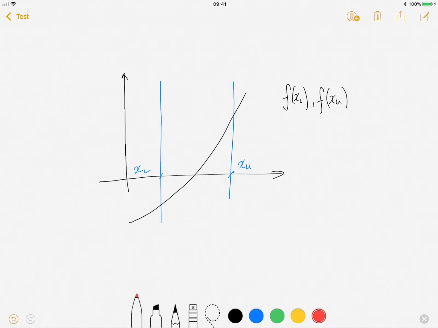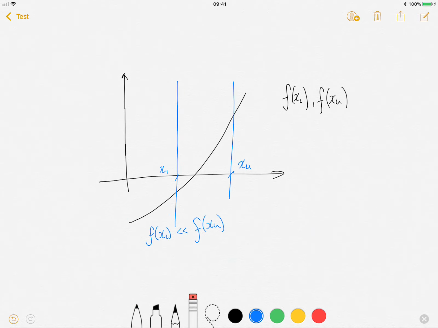use some bisection method and it turns out that our lower bound, xl, the magnitude of f of xl, so if f of xl is quite a lot less than f of xu, we know that we must be, or sorry, it's f of xl is close to 0, then we know we must be near the root.